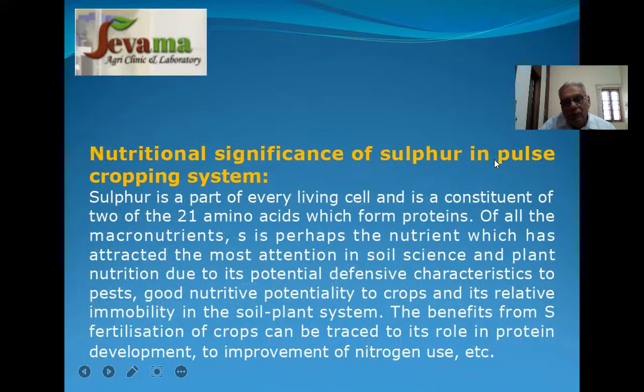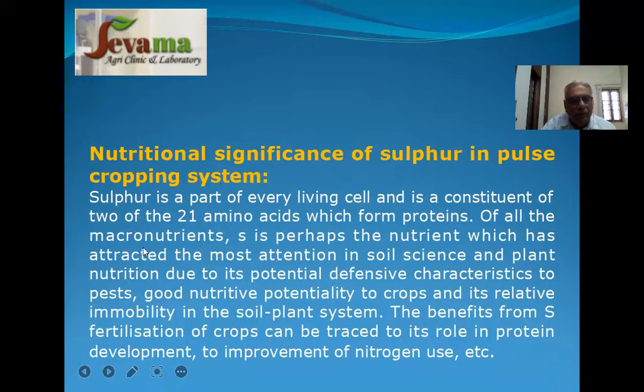Nutritional significance of sulfur in pulse cropping system. Sulfur is a part of every living cell and is a constituent of 2 of the 21 amino acids which form proteins.